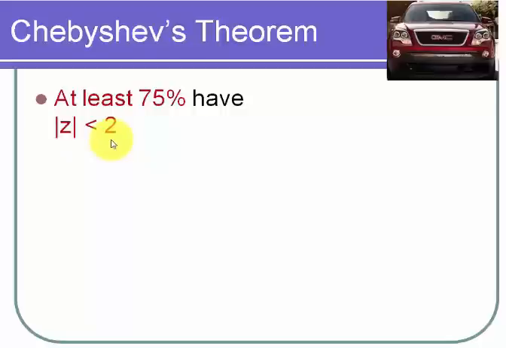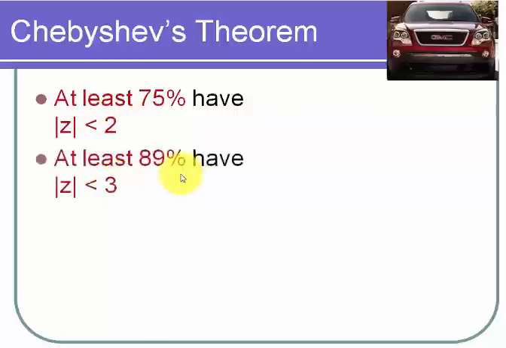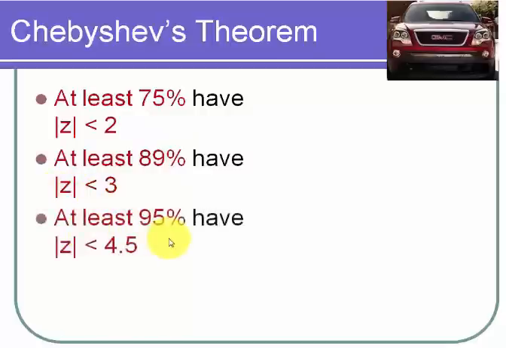Knowing what percent is versus saying that it's at least a number is very different. At least isn't as good as knowing the number. At least 89% have a z-score less than 3, and at least 95% have a z-score less than 4.5. So notice that at least 75%, it could be 99%, which isn't even close to 75%, and that still would be true. So here's an example.